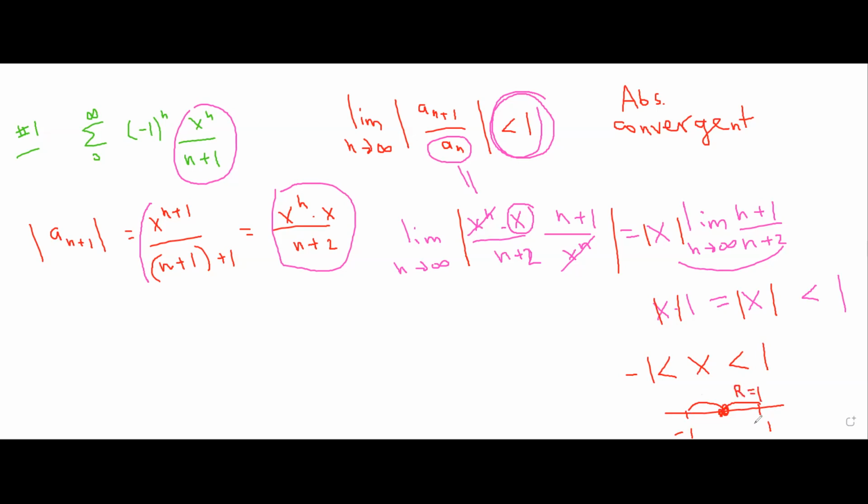Well, what we actually do care about is to check out the case when it's actually equal to 1, because at that particular value, we are undecided, because remember the test for this absolutely convergent series only tells us when it's convergent, when it's less than 1, or divergent, when it's greater than 1.